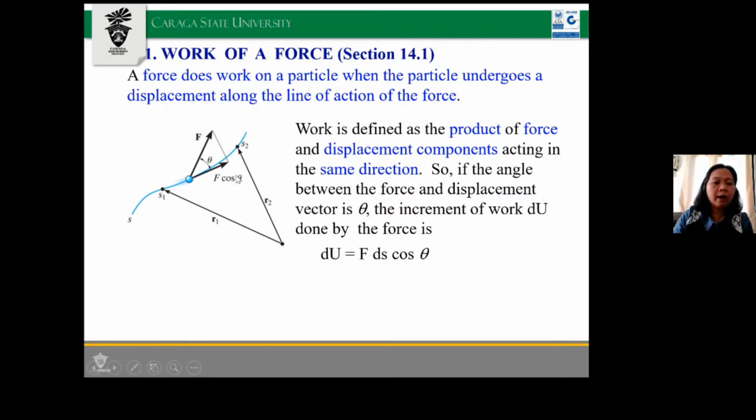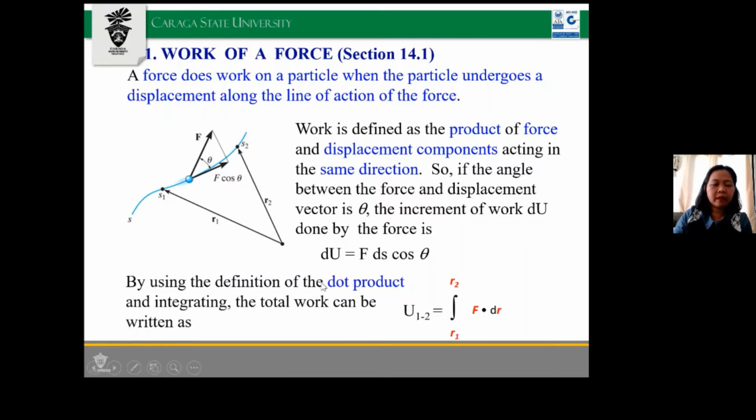The work done here is due to the force F cosine theta because the particle is moving from S1 to S2. By using the definition of a dot product and integrating, the work done from point 1 to point 2 is the integral of F dot dr, from r1 to r2.